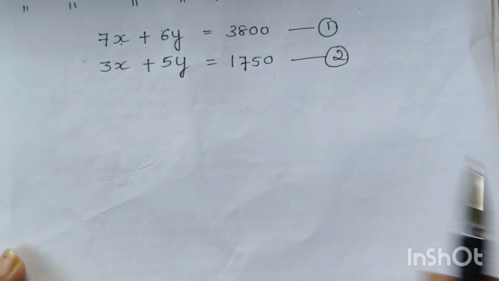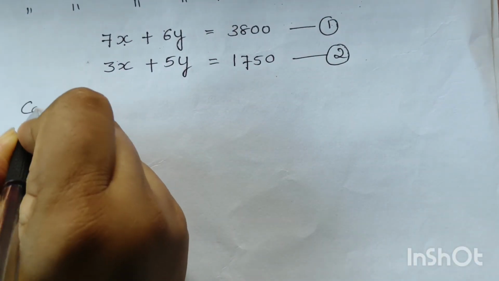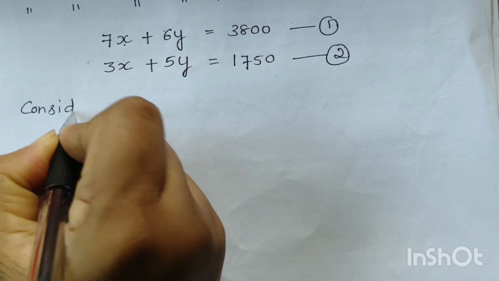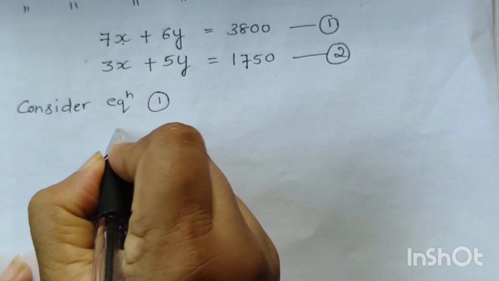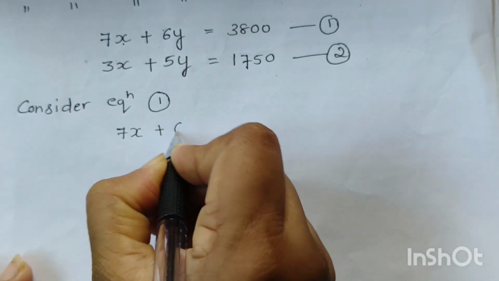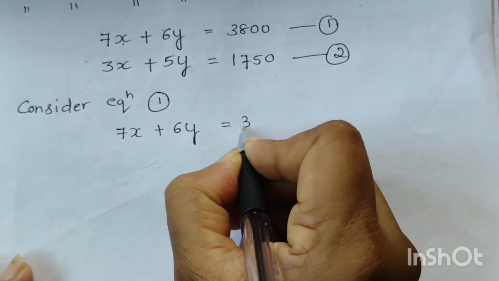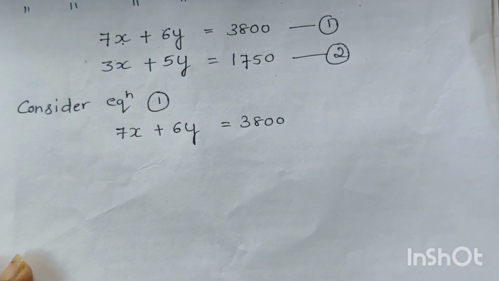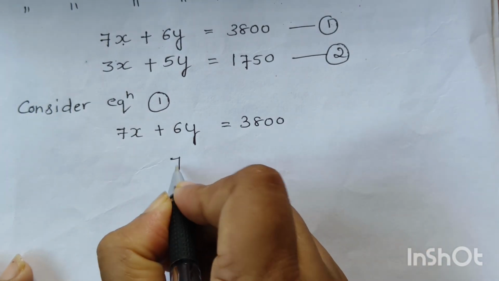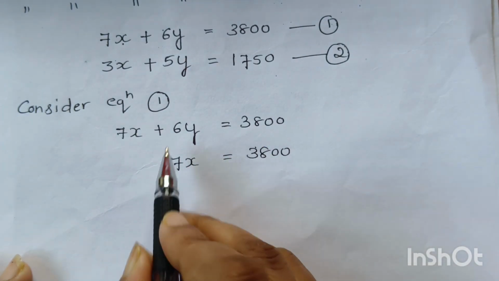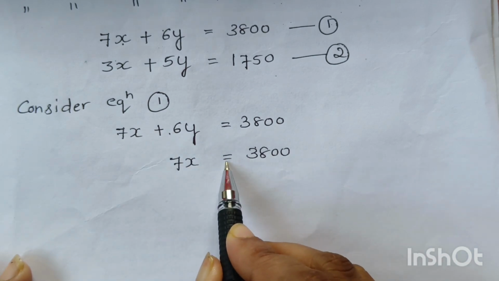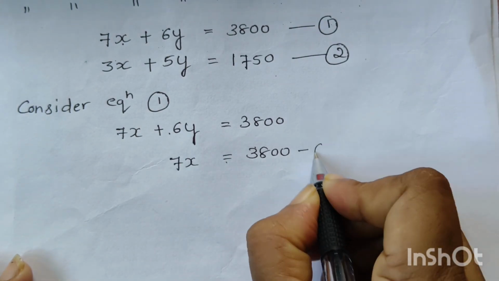Consider equation 1, that is 7x plus 6y is equal to 3800. 7x is equal to 3800 plus 6y. When it crosses the equal to sign, it will become minus 6y.